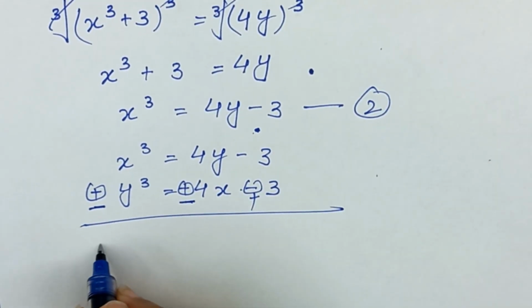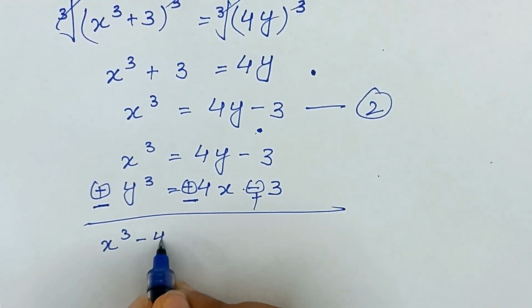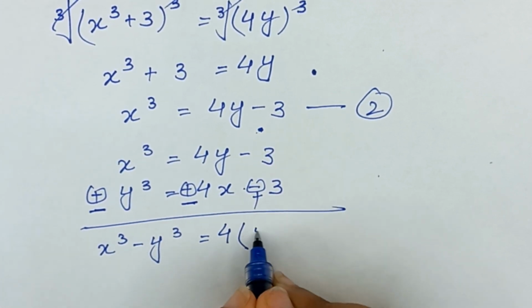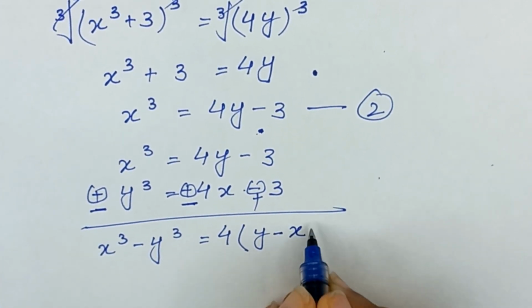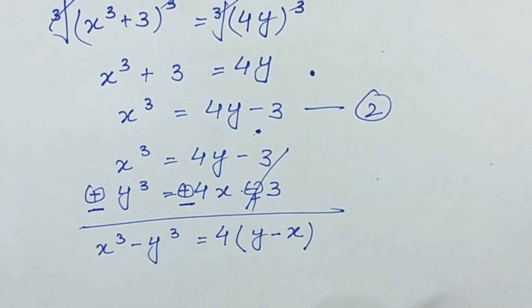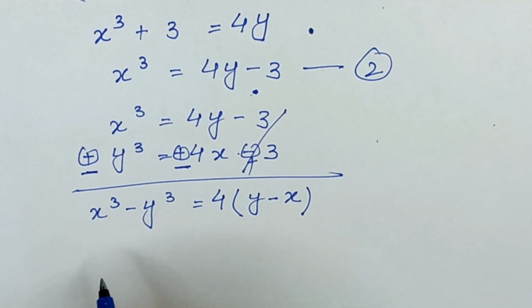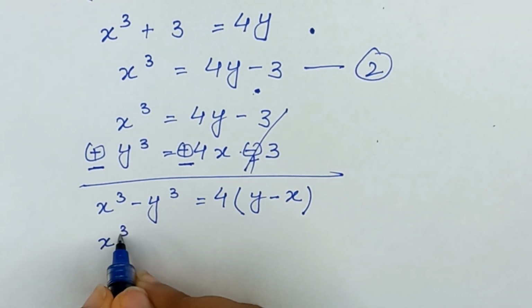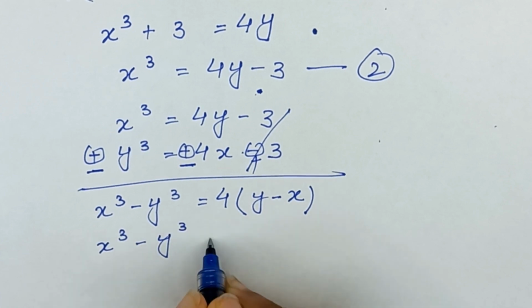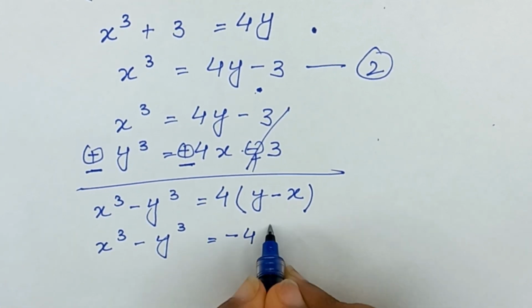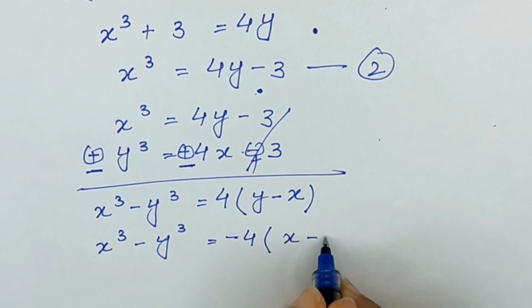So it will become x³ − y³, and from here 4 is common, so it will become y − x, and the negative 3 and positive 3 will be cancelled out. So it can also be written as x³ − y³, and I will take negative 1 common, so it will become −4 times (x − y).